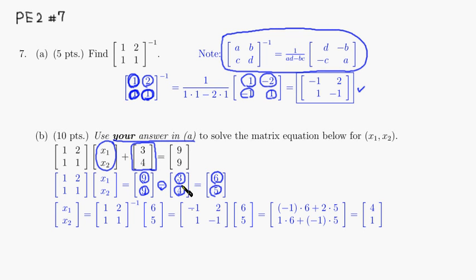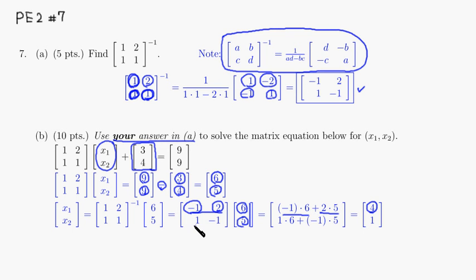Let's go through the multiplication. Always multiply row by column. So you do negative 1 times 6, plus 2 times 5, which comes out to negative 6 plus 10, so it's 4.